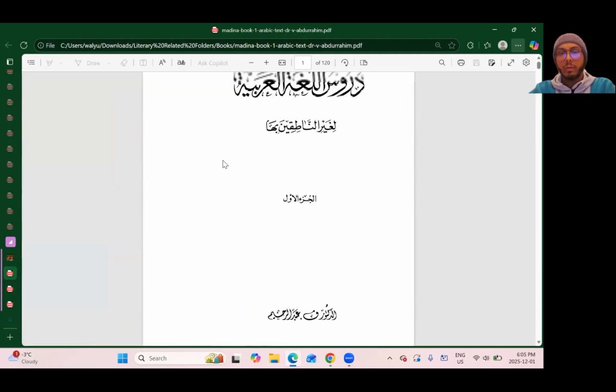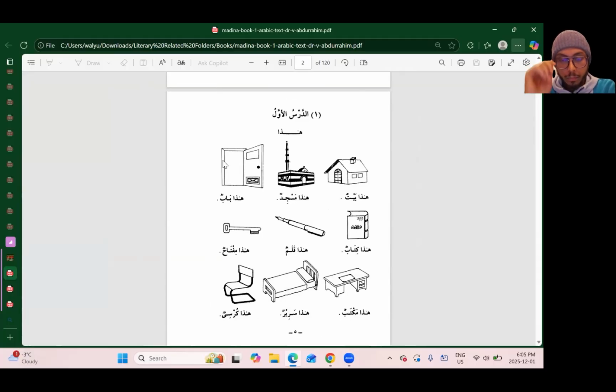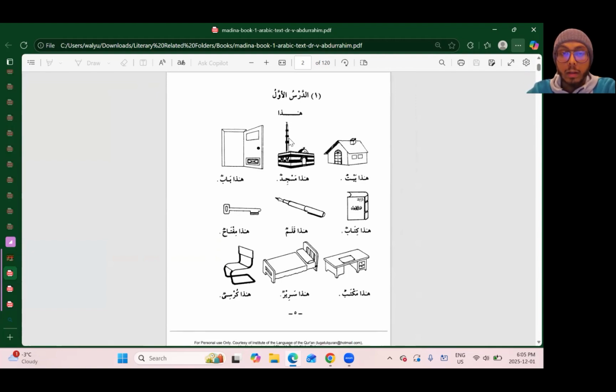So let's get started with the first lesson. الدرس الأول, the first lesson. هذا. هذا means this. هذا بيت. This is a house. هذا مسجد. This is a masjid. هذا باب.